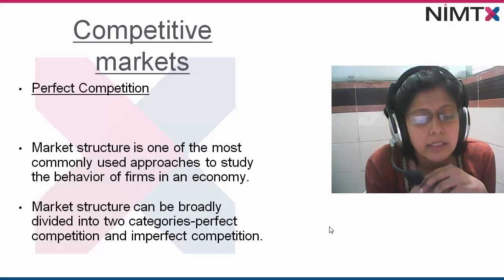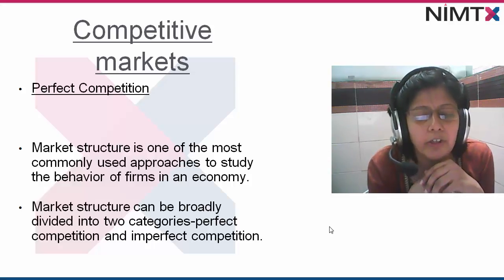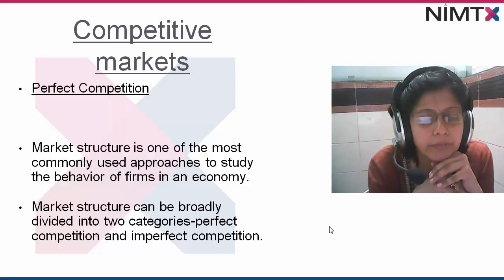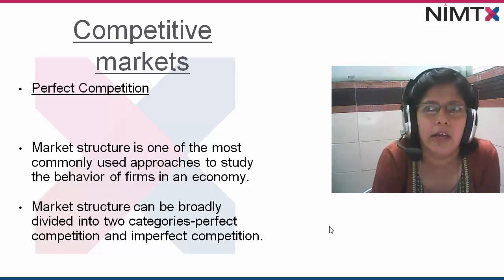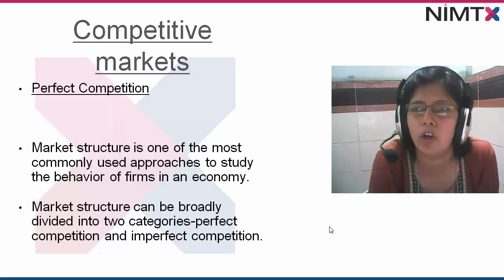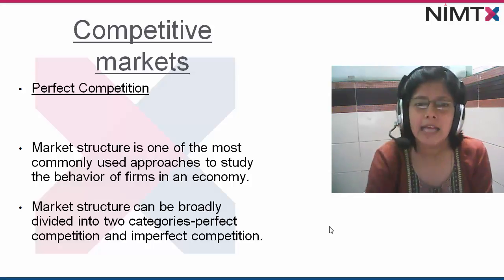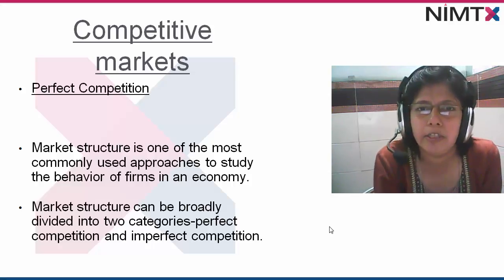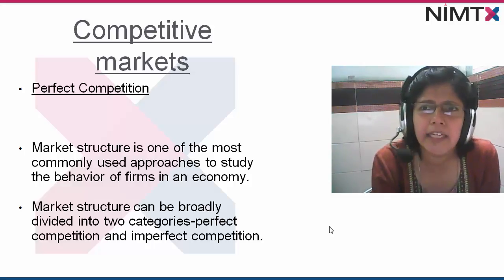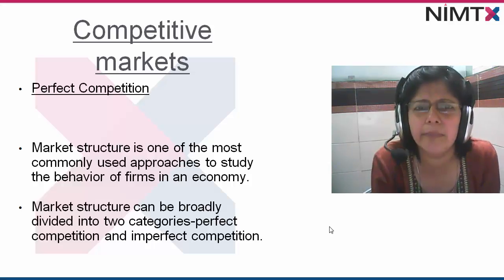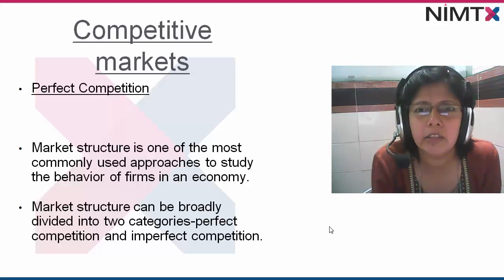The third one is monopolistic. Monopolistic means we have a number of sellers and buyers trying to differentiate the market through product differentiation and price discrimination. For example, we have seen lots of grocery shops as well as bakeries. In one bakery the price of one cake is rupees 300 per ounce, and in the other it is 200 per ounce, so there is a little bit of difference in the price and the taste of the product.